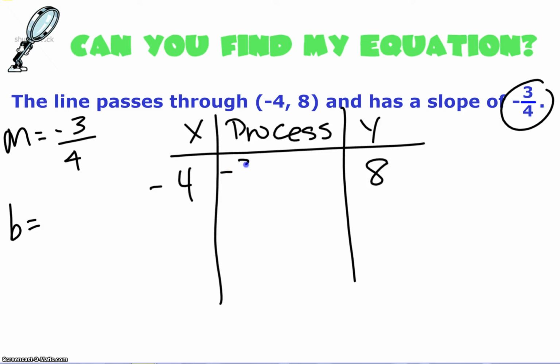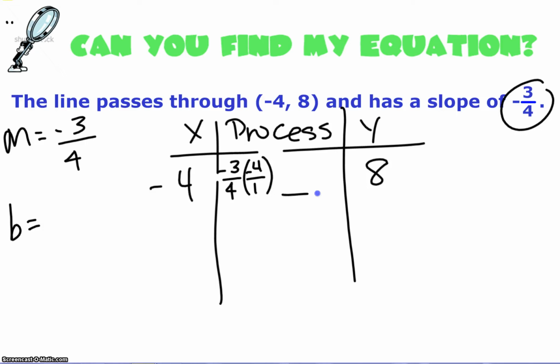You know it's going to be -3/4 times -4, but we want it to look like a fraction. So we have -3/4 times -4 over 1, because I want this whole number to look like a fraction.